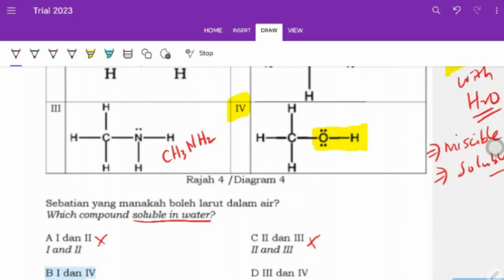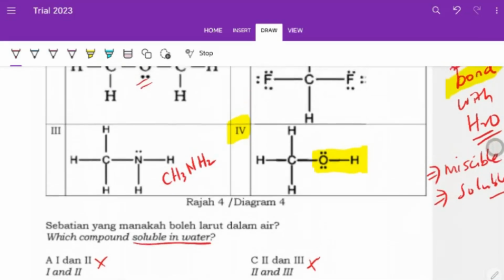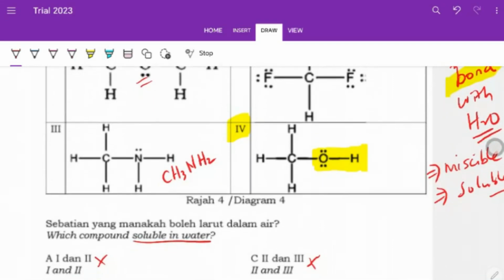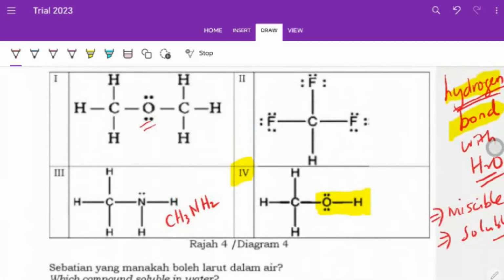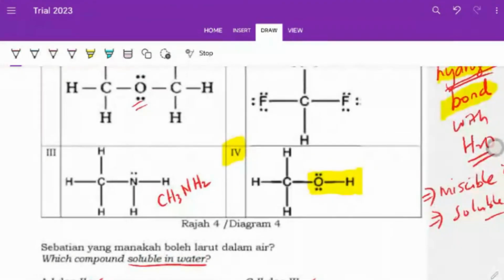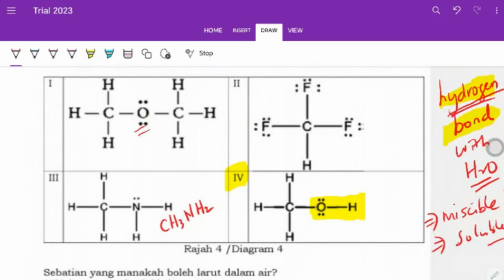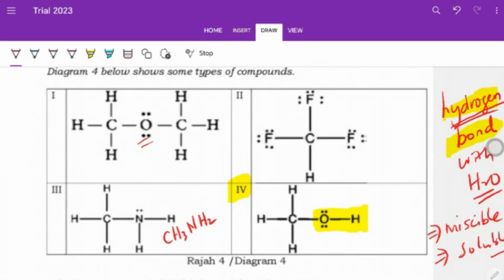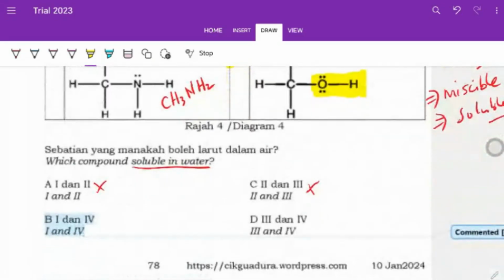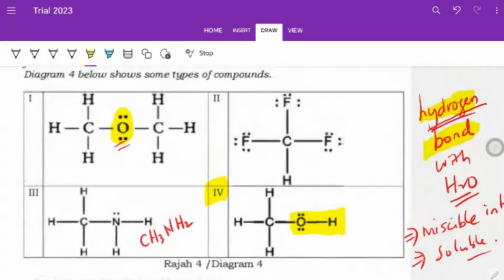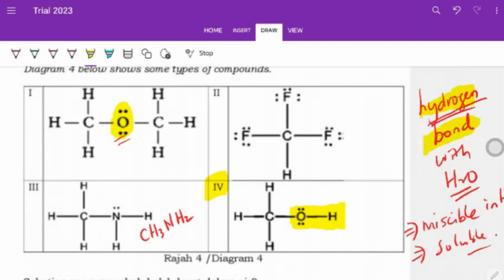In Form 5 we are going to learn the naming, but it is not that popular. So we search for the nitrogen. So this one. So the answer is A, 1 and 4.